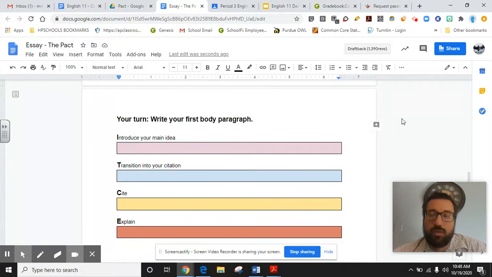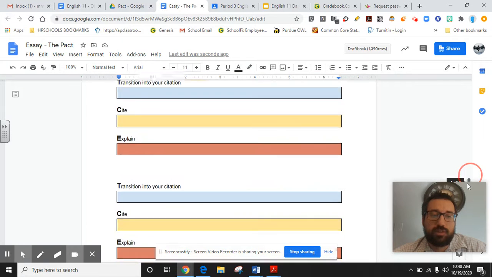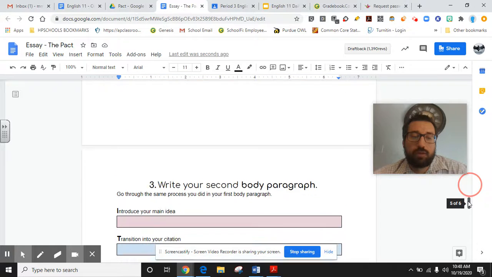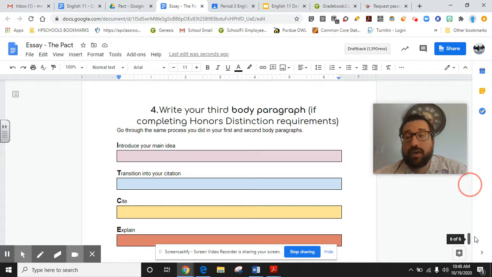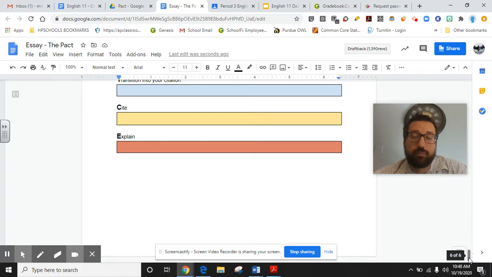Okay, so this outline would be how you write your body paragraphs. Okay, as you can see, you have space for the two quotes here. Okay, your second body paragraph and the third body paragraph, again, is only required if you want to do the honors distinction requirement, or if you just want extra credit, then you would include the third body paragraph information here.